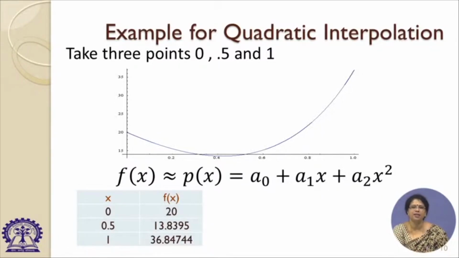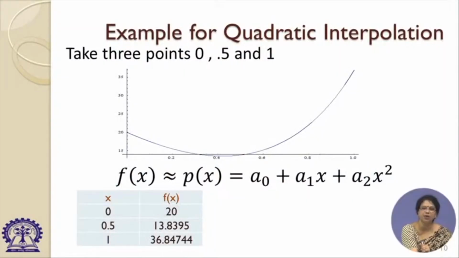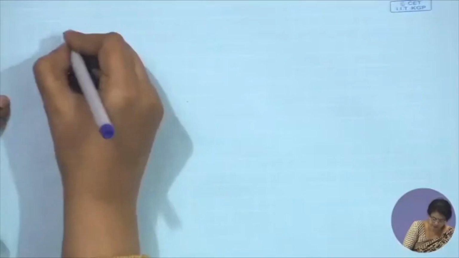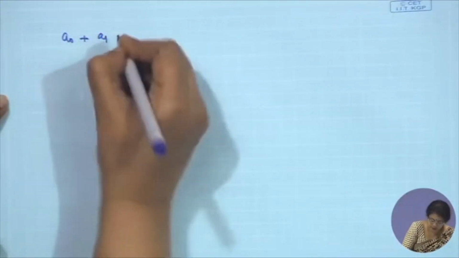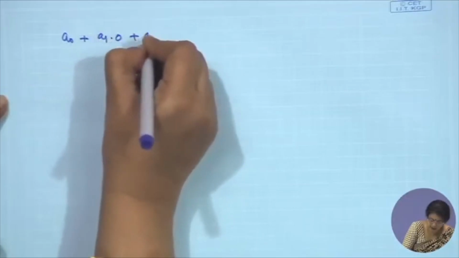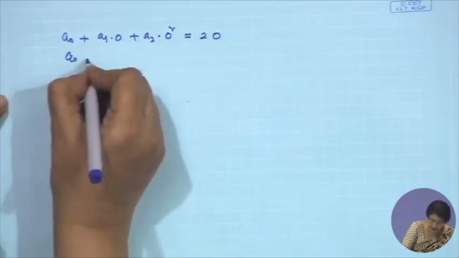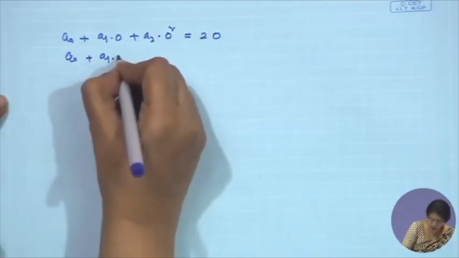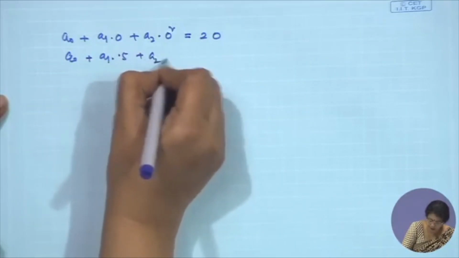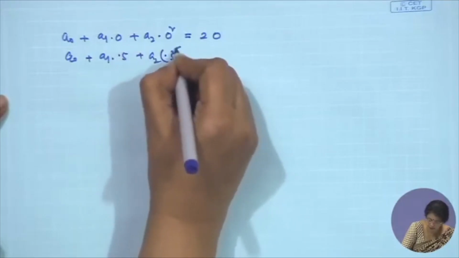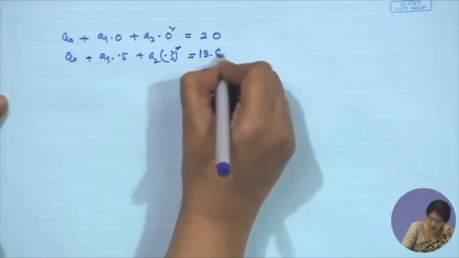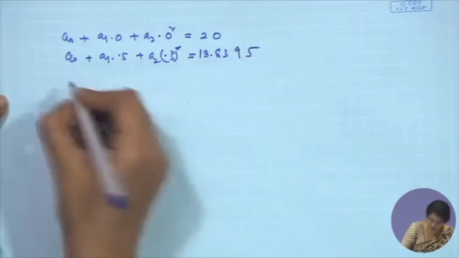Then we will get 3 equations with 3 unknowns: A0 plus A1 into 0 plus A2 into 0 square is equal to 20, and A0 plus A1 into 0.5 plus A2 into 0.5 square is equal to 13.8395.